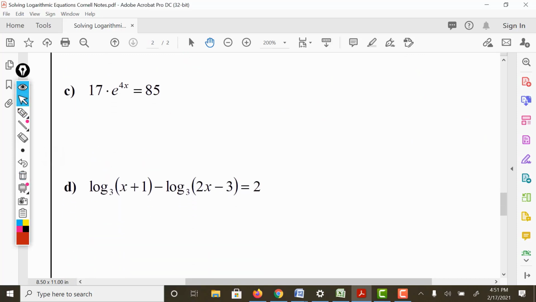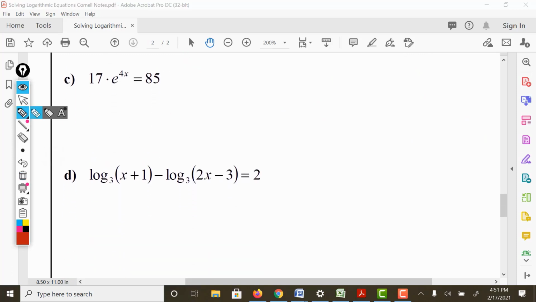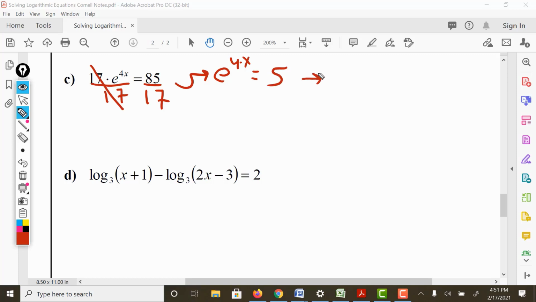C. This is not a logarithm, but you'll notice that the variable is an exponent. We'll do ELB.